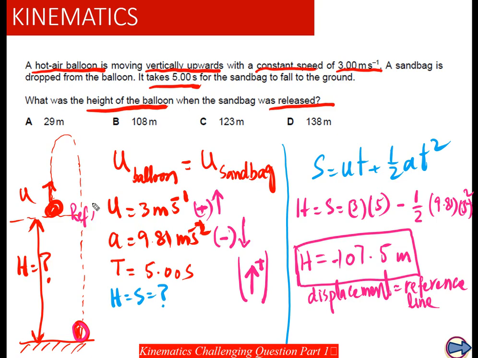So this is our reference line. If we take up as positive and it lands below the reference line, then anywhere above it, s will be positive, and anywhere below, s will be negative. So we got a minus answer. It means it lands below the reference line. This is what the minus sign is telling us, and this is also according to our sketch and our expectations.